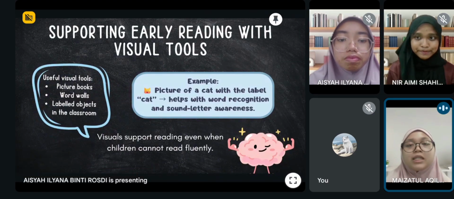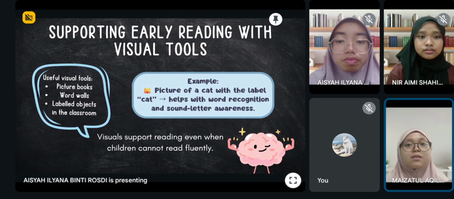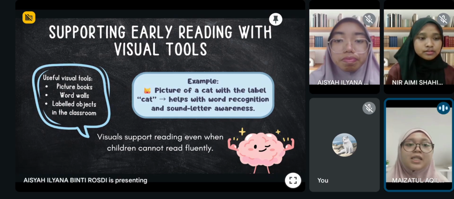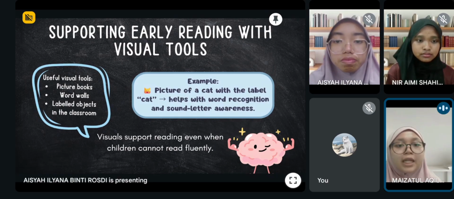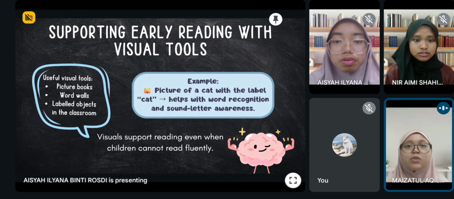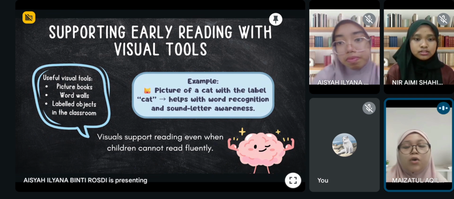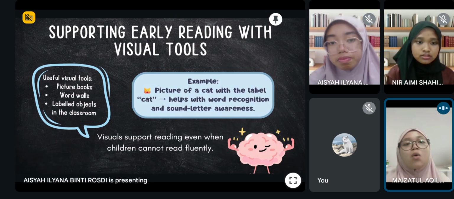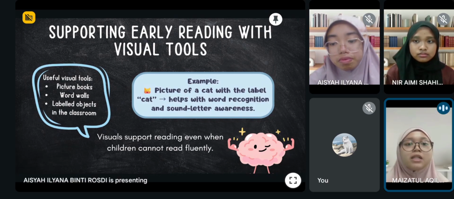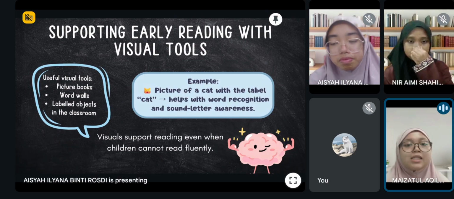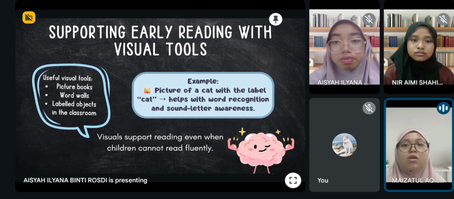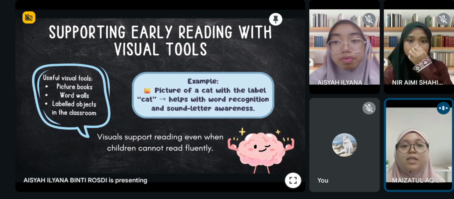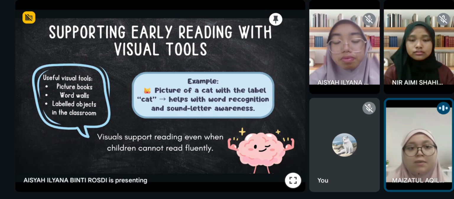Visuals are also important in early reading. At this stage, children begin connecting printed words with meaning, often relying on visuals to decode unfamiliar text. Picture books, word walls, and labeled classroom objects help learners associate images with corresponding words, reinforcing vocabulary and word awareness.